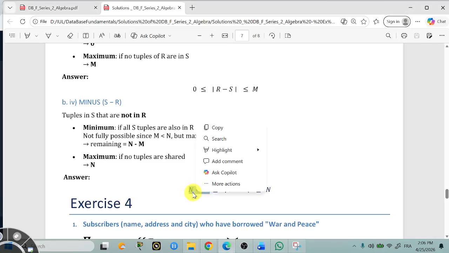It's the part of N that's greater than M, which is N minus M.